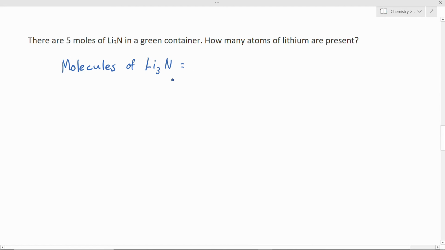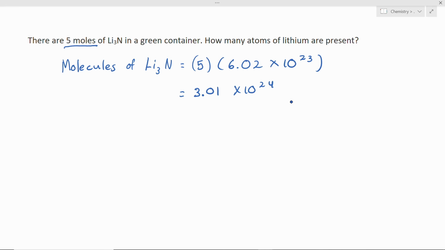And we know that the equation says it's moles times Avogadro's number, and our number of moles is 5. So 5 times 6.02 times 10 to the 23rd. And that will give us 3.01 times 10 to the 24 molecules of lithium nitride.